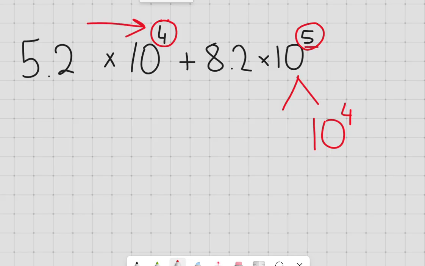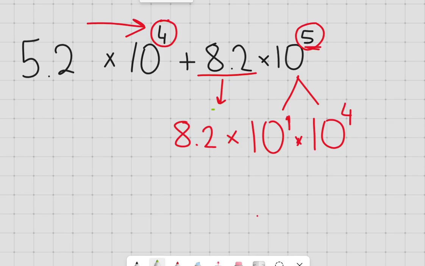But in order for my final answer to remain 10 to the power of 5 unchanged, we have another 10 to the power of 1. So 10 to the power of 1 and 10 to the power of 4 will give me in the end 10 to the power of 5. Nothing changed. Then we copy 8.2, 8.2 multiplied by that. Perfect.